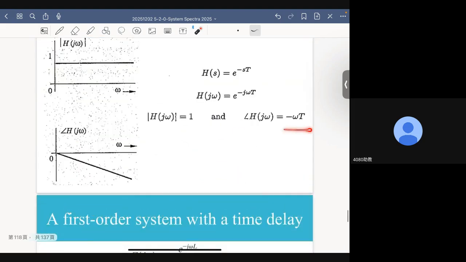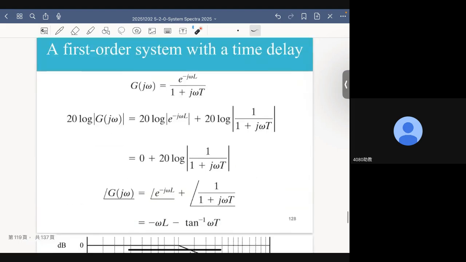As you can see, we already saw this multiple times. For a time delay system, its phase response is minus omega T, okay? And it is a straight line whose slope is minus T, all right?